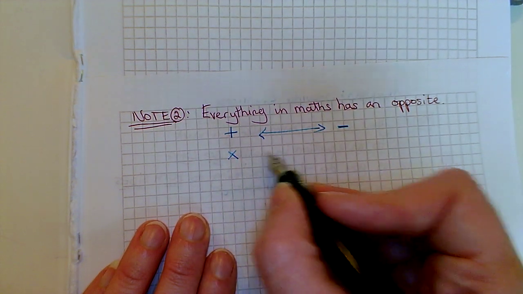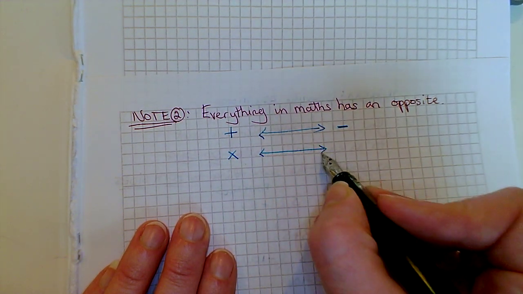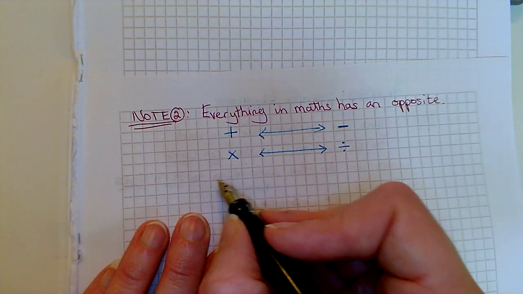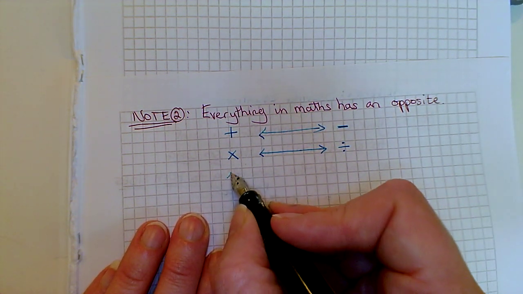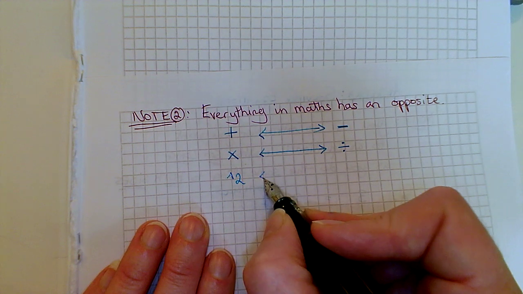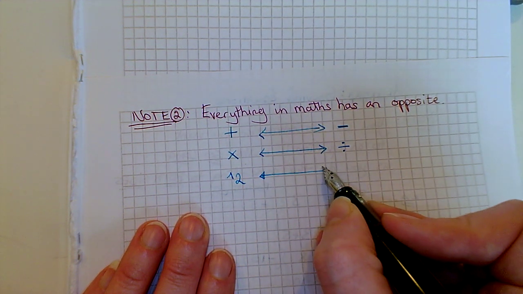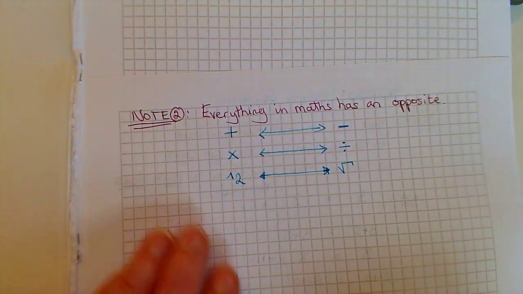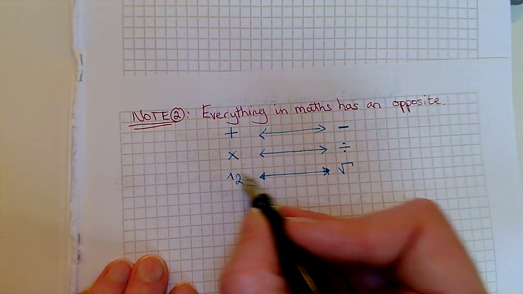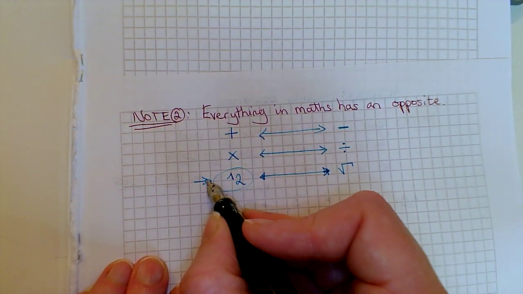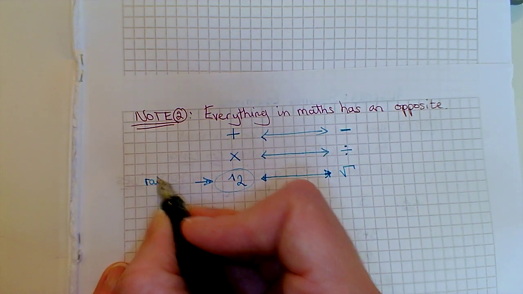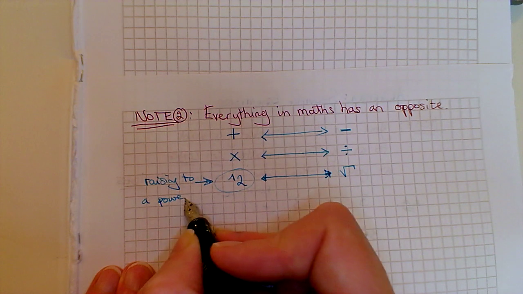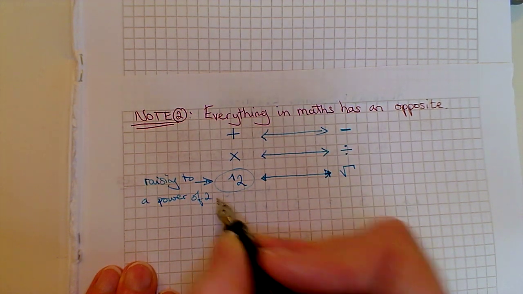The opposite to multiplication is division. The opposite to raising to a power of 2 is a square root. And we have more than that as well. So just a note on this notation, this means raising to a power of 2.